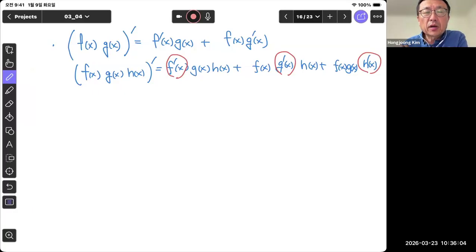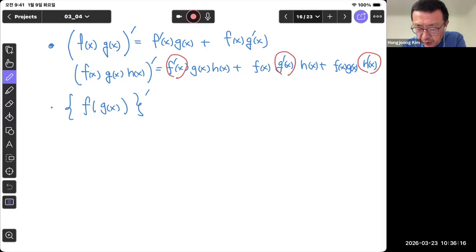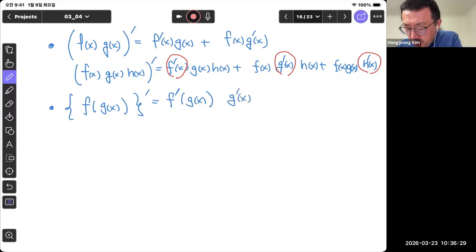However, in case of the composite of two functions, f(g(x)), when this is differentiated, you get the derivative of the outer function evaluated at the g function multiplied by g prime of x.